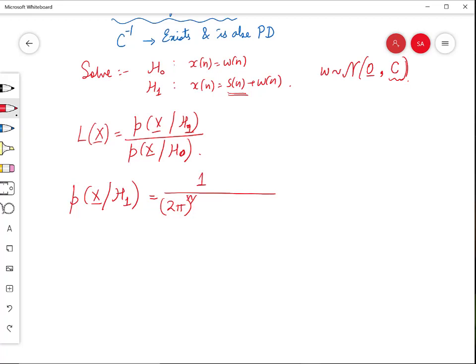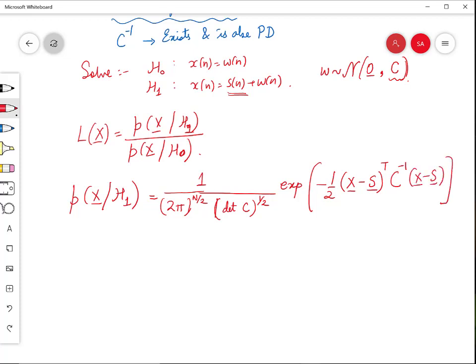This is 2 pi power N by 2, determinant of C power half, times exponential of minus half x minus s vector transpose C inverse x minus s.